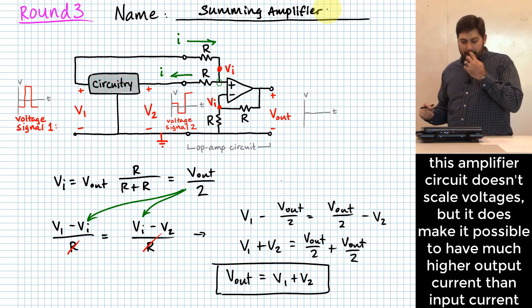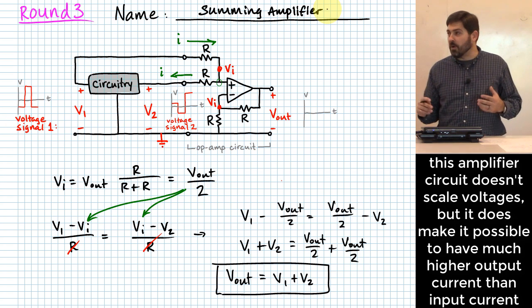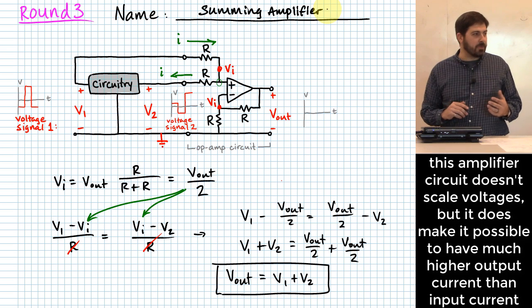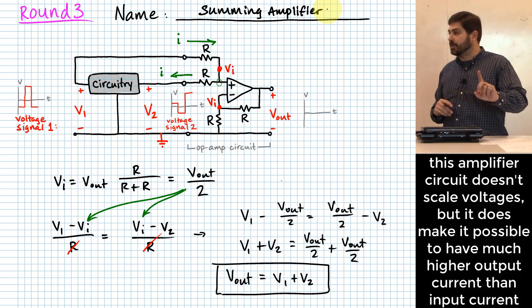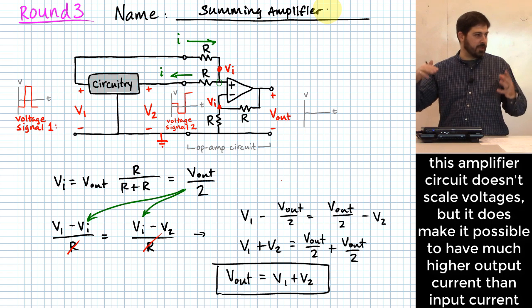Although I could be sympathetic towards someone who wanted to debate whether or not it's an amplifier. Why is that? It's not necessarily amplifying much of anything, although it could be, right? It has the ability of delivering as much current as it needs to, right? Up to whatever the limit is of your op-amp.